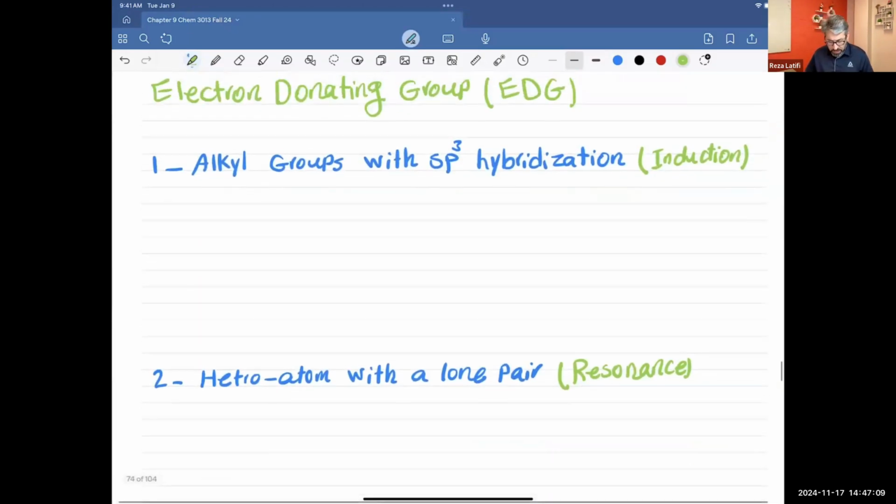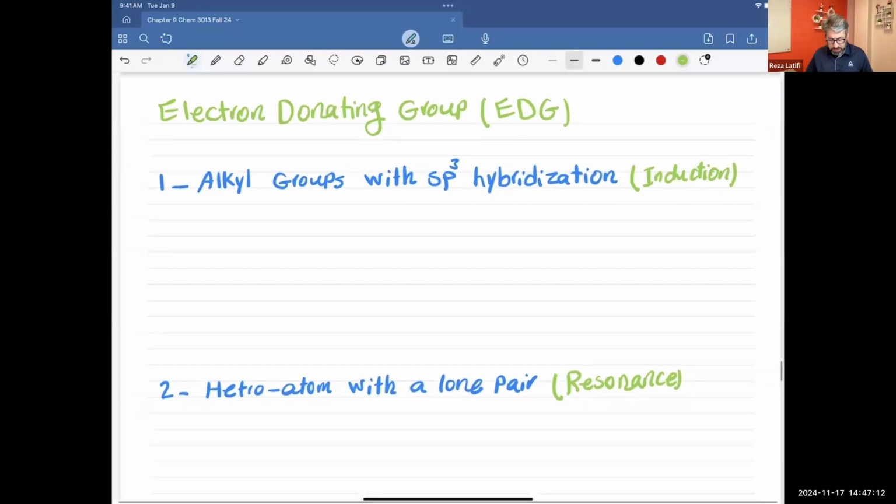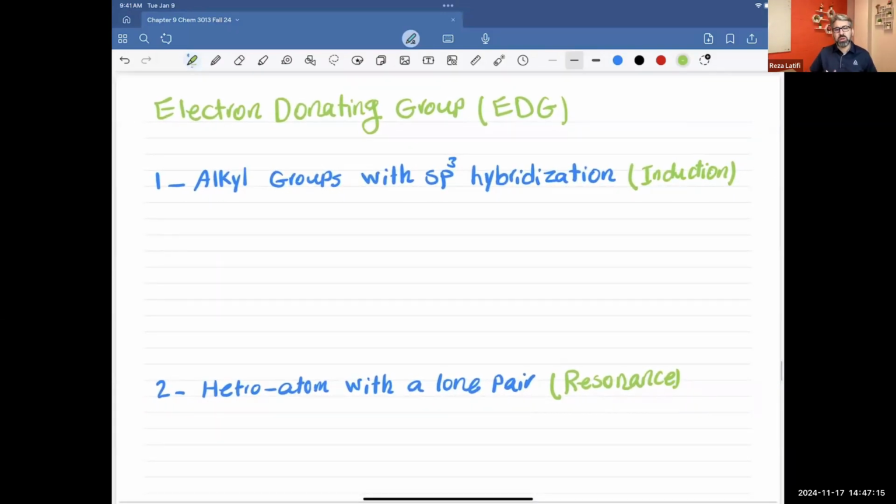How do I know whether the substituent I'm dealing with is an activator or a deactivator? Or how about this: is it an electron donating group or an electron withdrawing group? Electron donating groups include alkyl groups with sp3 hybridization, which will donate electron density to the ring.